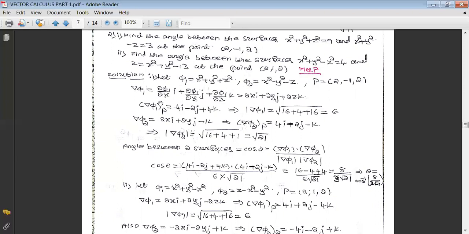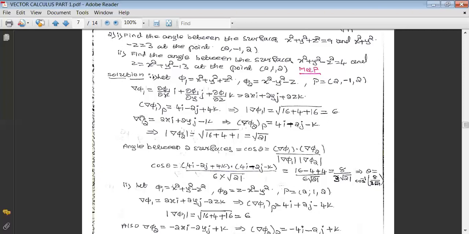Now, this del phi 1 at the point P gives you 4i minus 2j plus 4k, and its magnitude is the square root of the sum of the squares of its components, that is 4 square plus minus 2 square plus 4 square, that is 16 plus 4 plus 16, that becomes 36, and square root of 36 is 6.